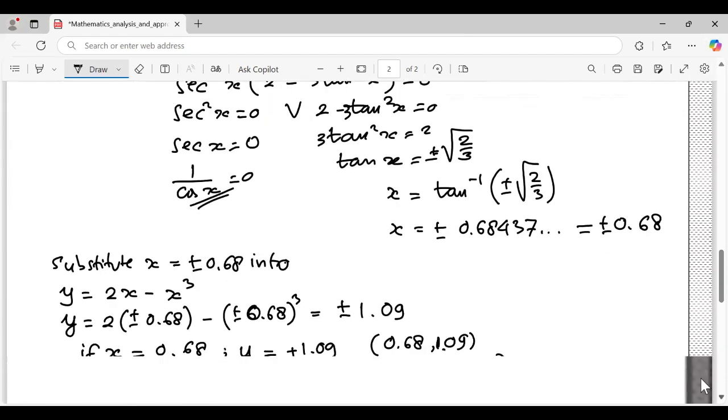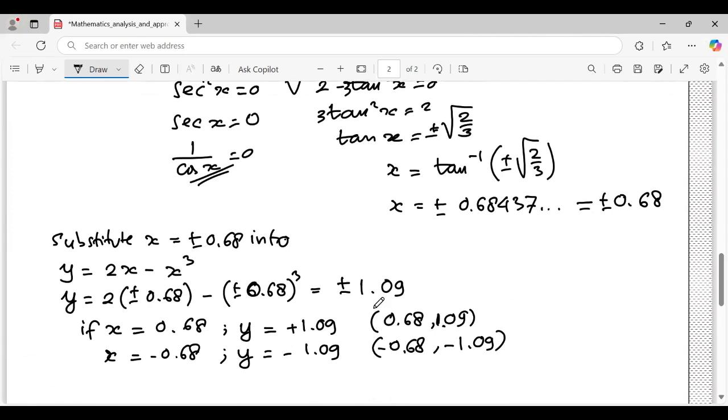So the graph passes through this local minimum and local maximum. This is the local maximum, and the second is the local minimum.